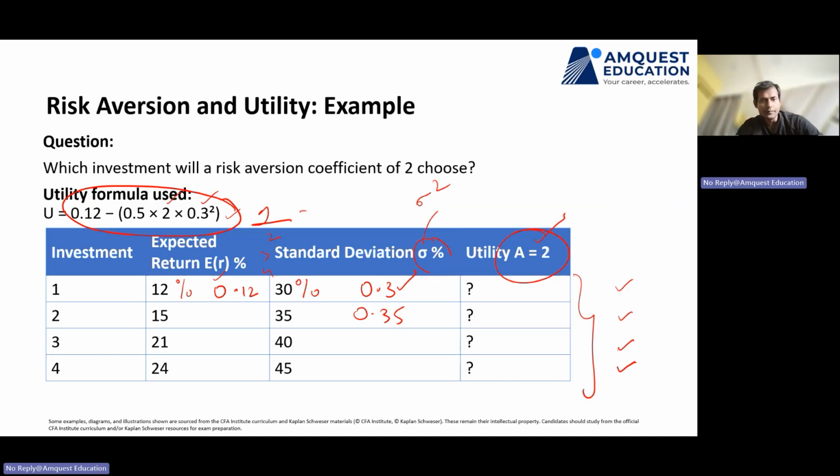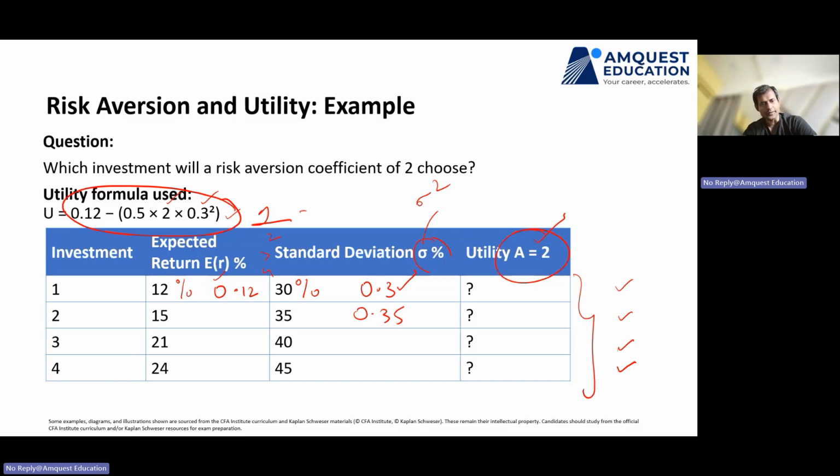Third answer. 0.21 minus 0.5 into 2, which is 1, into 0.4 square, which is 0.16. So 0.21 minus 0.16. Kitna hua? 21 minus 16. 5. So that's 0.05. Did you get that, guys?